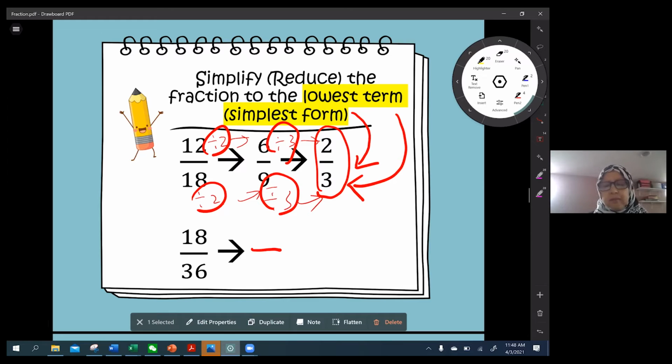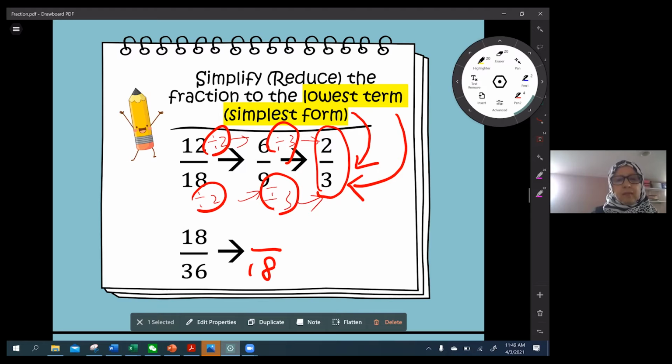You go ahead then. The denominator is 18 and the numerator is 9. You divided these two by what to start with? By 2.